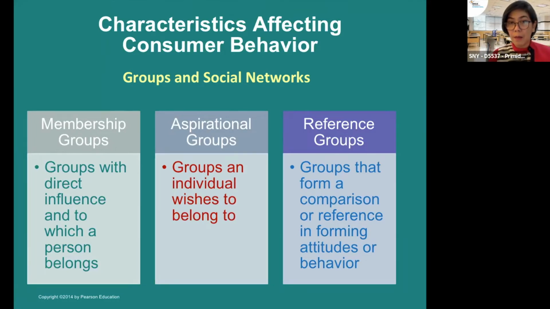For music, this is your reference group. For food, that is your reference group. For luxury brands, these people are my reference group, and so on. So that's how reference groups influence consumer behavior.